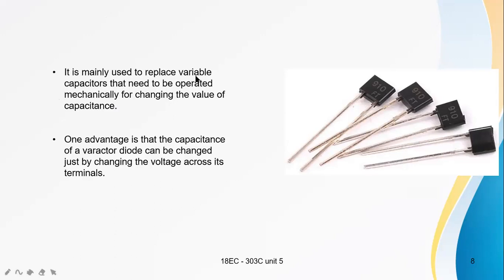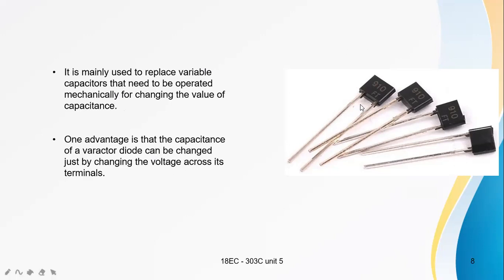By varying the applied voltage, the capacitance varies in the varactor diode. One advantage is that the capacitance of a varactor diode can be changed by changing the voltage across its terminals.